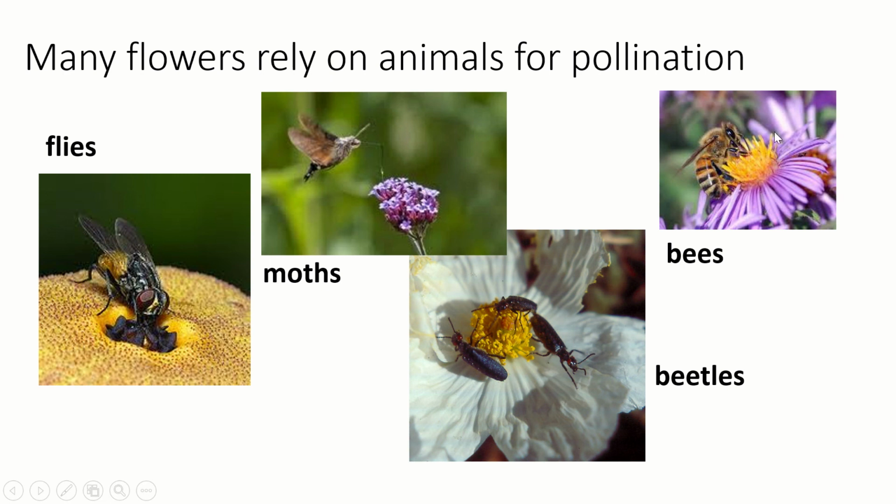So plants that are fertilized by bees are going to make lots and lots of pollen. And then moths and butterflies also are really good pollinators, and they have these very long mouth parts that they can use to reach down into the flowers for nectar. So again, we're going to have flowers that produce nectar to attract these pollinators.